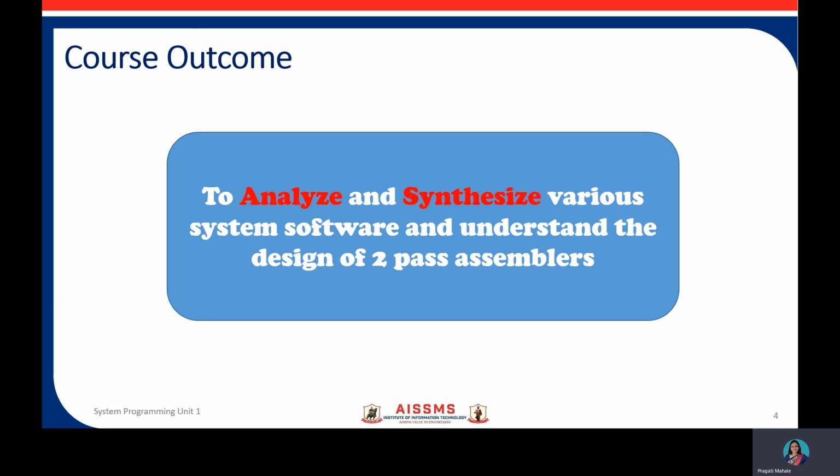Before we start with the session, let us first understand the course outcome for this particular unit. After learning Unit 1 of system programming, you will be able to analyze and synthesize various system software and understand the design of the two-pass assembler.